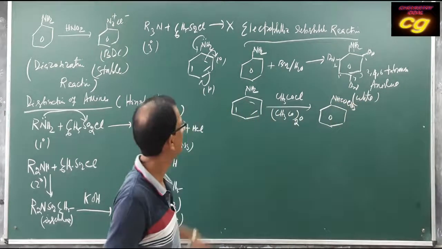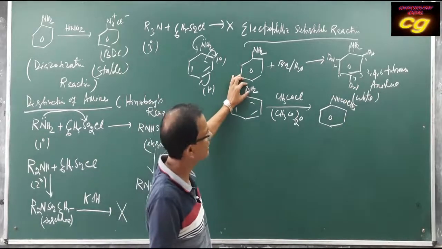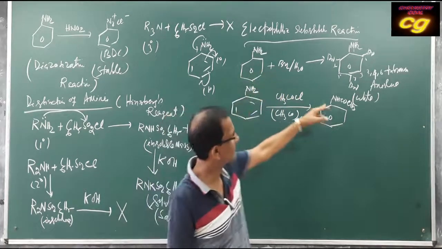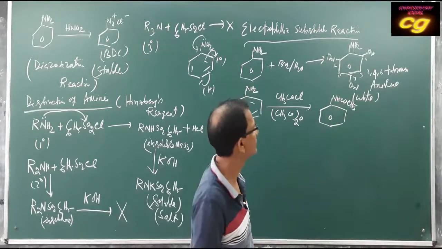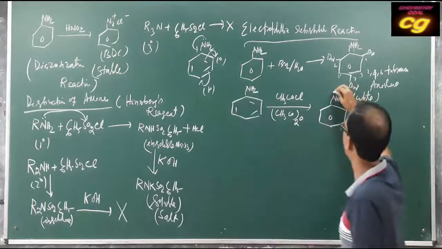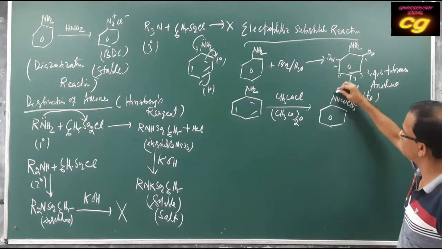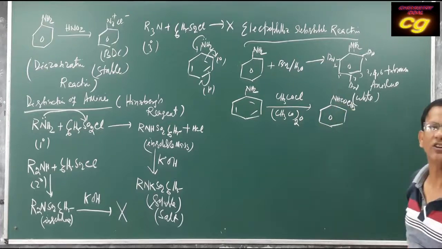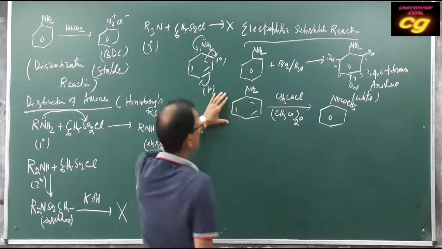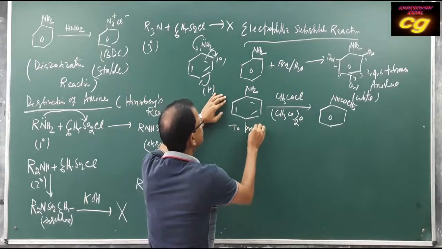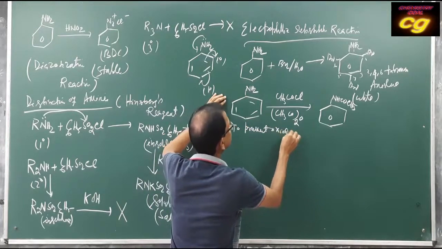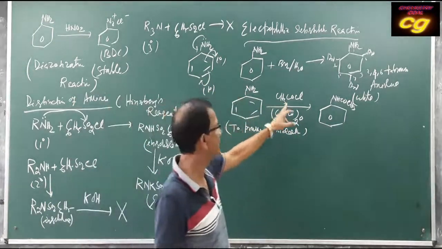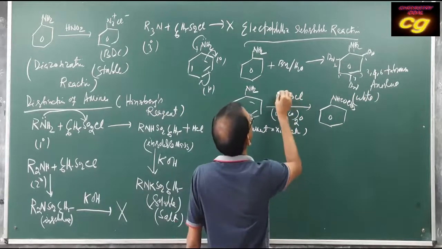Due to the acylation, the lone pair on the nitrogen will be attracted by the keto group. That's why this lone pair is not available on the nitrogen atom, and it will not easily oxidize. So to prevent oxidation, the aniline should be acylated. This is called the acylation reaction.